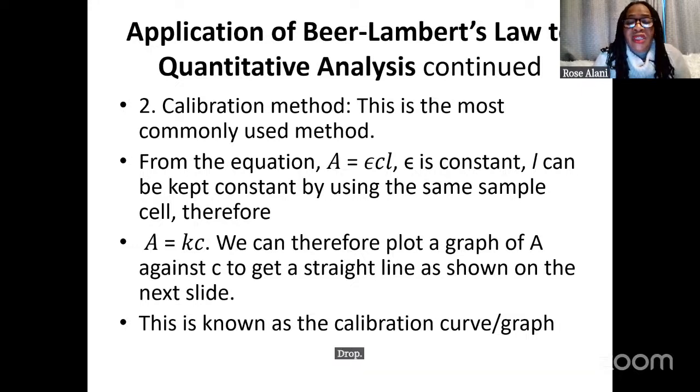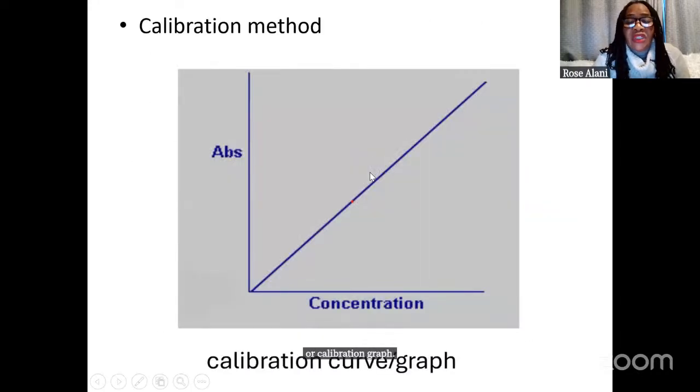This is called the calibration curve or calibration graph, as you can see here, absorption versus concentration. Remember, the light that is absorbed depends on the concentration of the analyte. The more the concentration, the more the absorption.